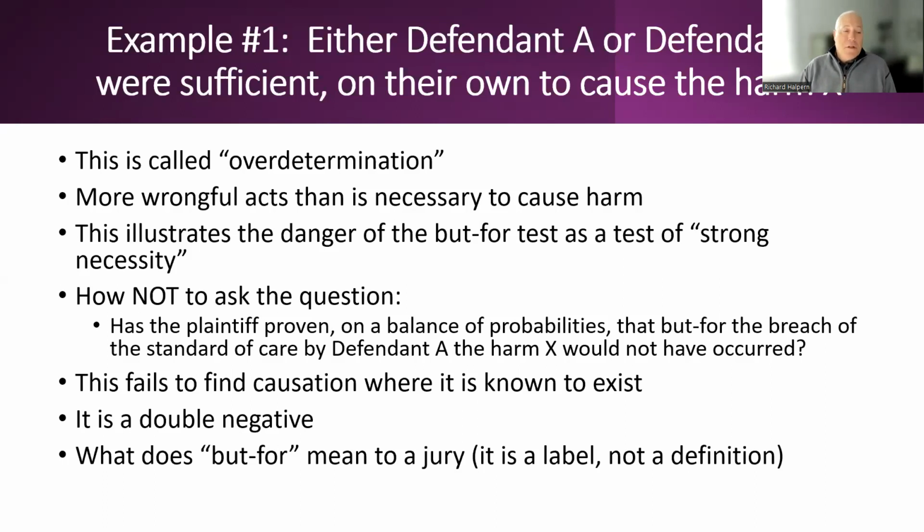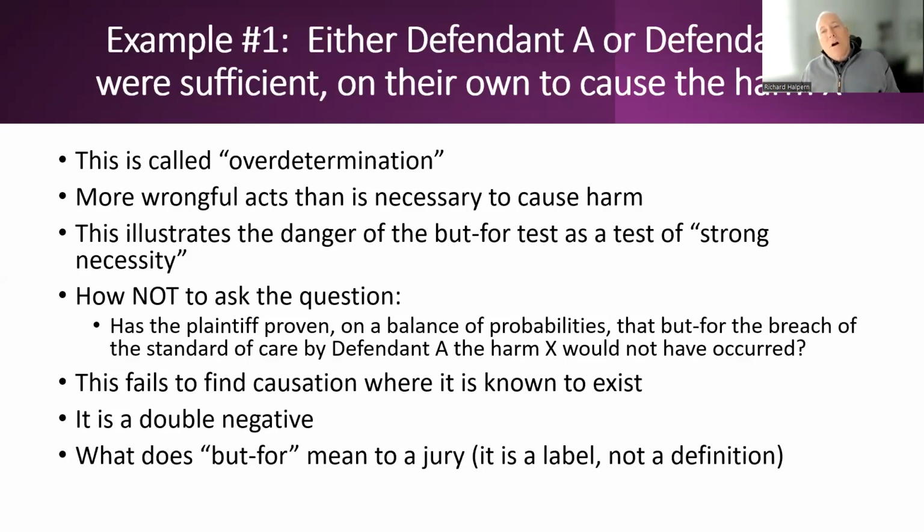Part of the reason is because we explain the test for causation as but-for, and when you look at the case law, but-for is always in quotes. What does that mean, that but-for is always in quotes? It means it requires explanation. So but-for is, as I say on the slide, the label for the test. It is not the definition for the test.